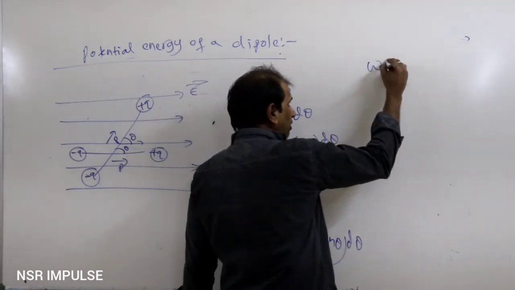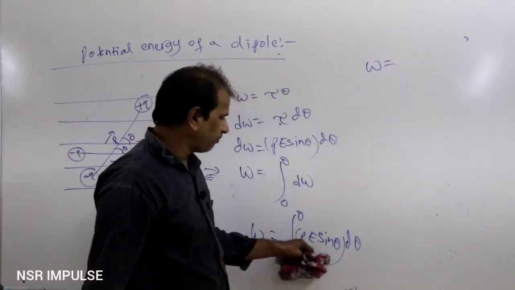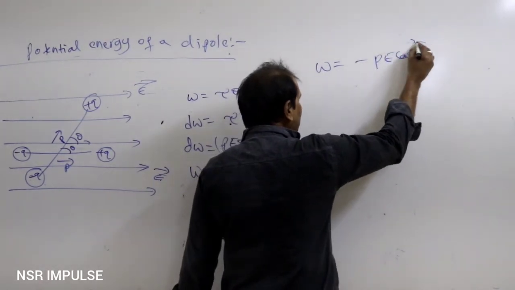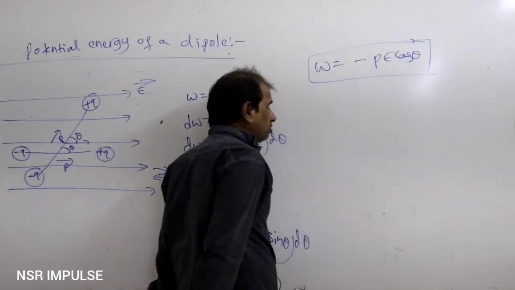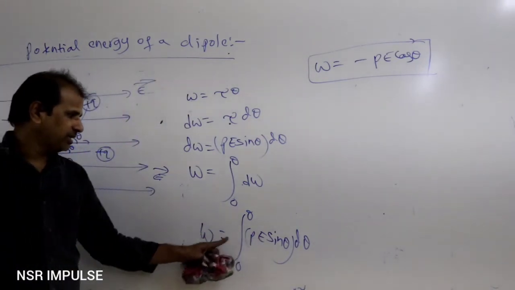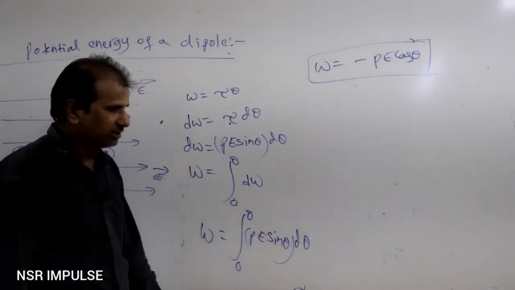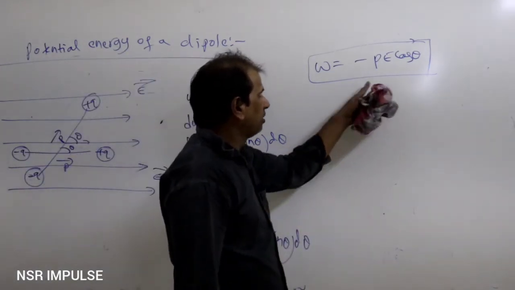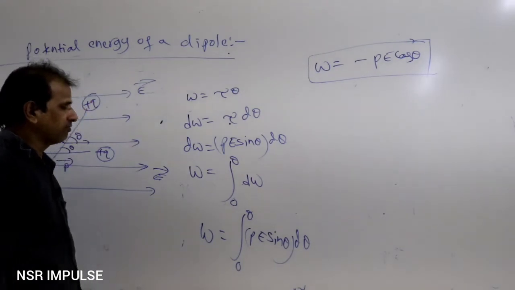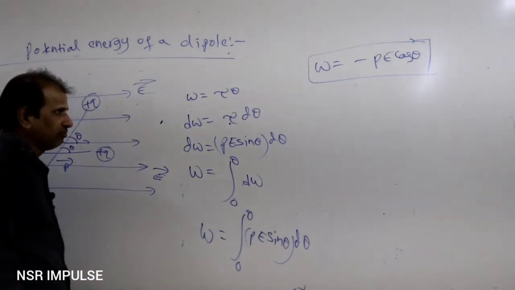So total work done is equal to minus Pe cos theta, because the integral of sin theta d theta is equal to minus cos theta. So the integration of sin theta from 0 to theta gives minus cos theta, the work done.